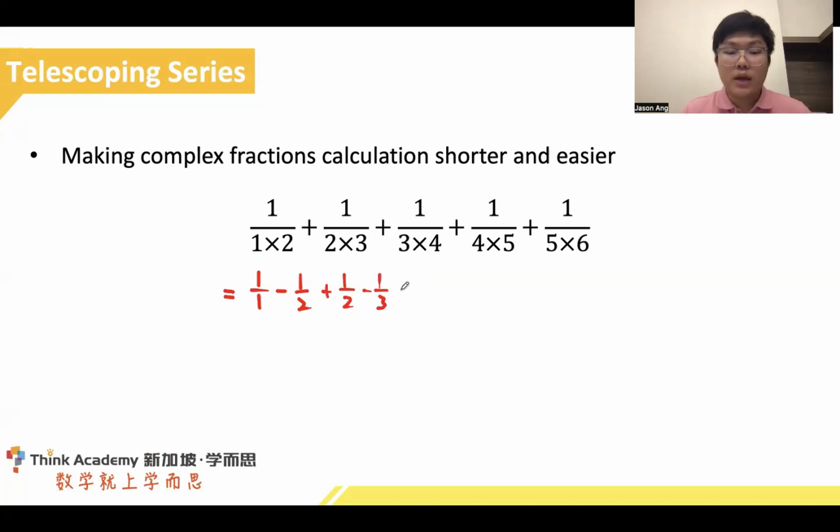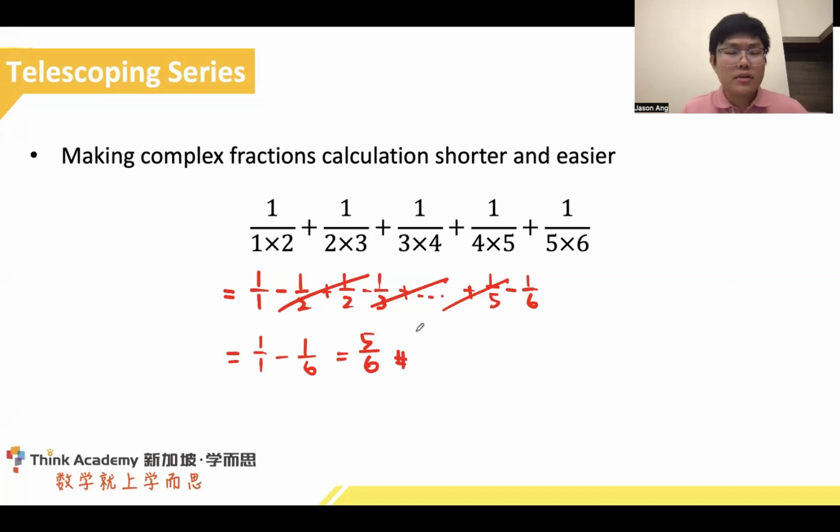This works as well. And we continue on and on until the last one. We notice there are certain fractions here that we can cut. You can simplify by cancellation, cancellation, cancellation, leaving us with just 1 over 1 minus 1 over 6. And we suddenly have the answer, 5 over 6.